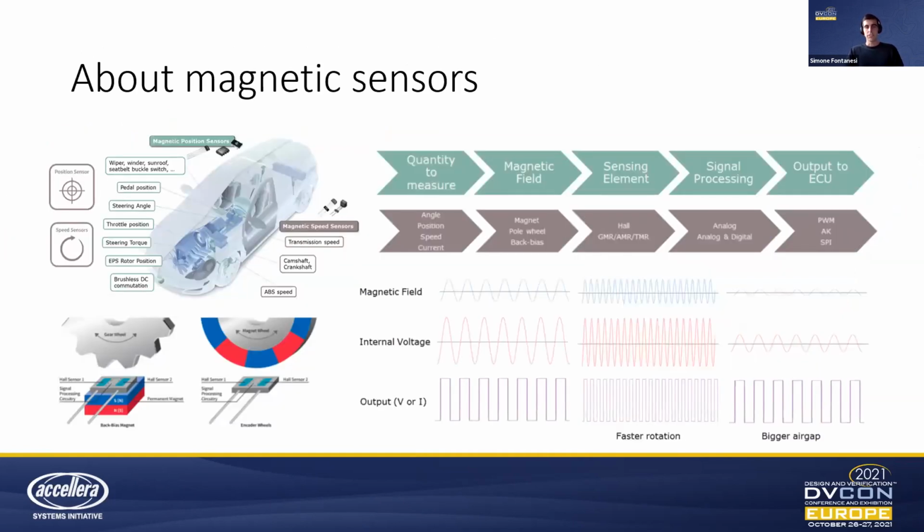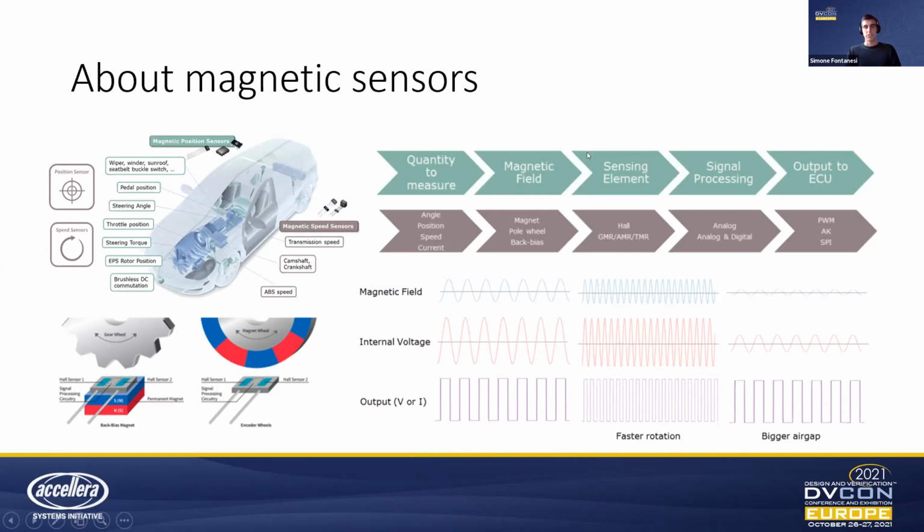So the magnetic sensor that we developed are used in a wide range of applications. Here I just name a few. In general, they measure a physical quantity. This could be rotational angle, linear position, or speed of something that it's rotating. Or it could be the current that is flowing in a conductor. And the magnetic field can be, let's say, this physical quantity can be made proportional to a magnetic field, for example, by using a magnetic encoder.